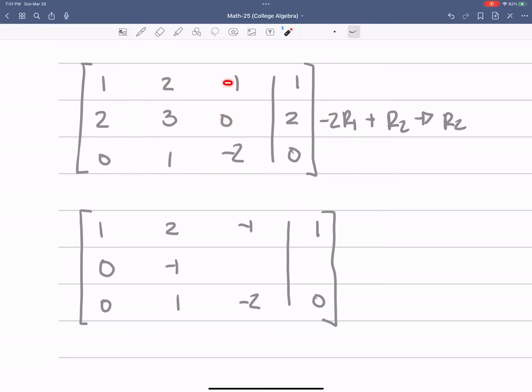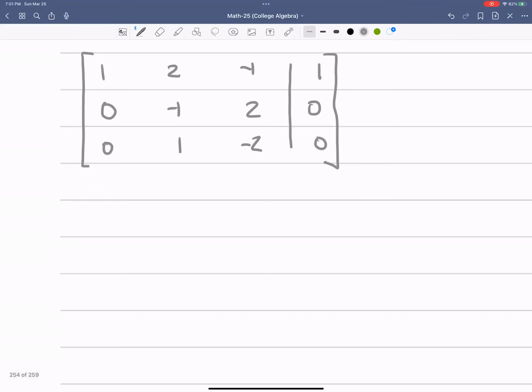Then row 1, -1 times -2 is a +2. +2. 0 plus 2 is 2. And lastly, 1 times -2 is -2. 2 plus -2 is a 0. All right, looks good.